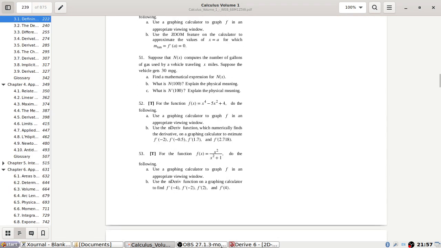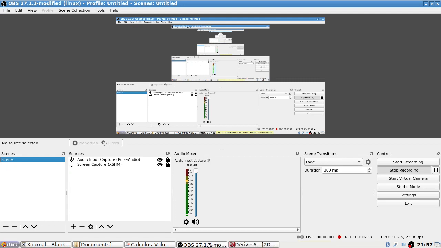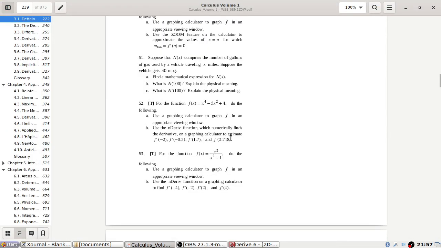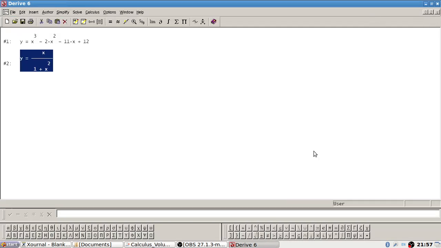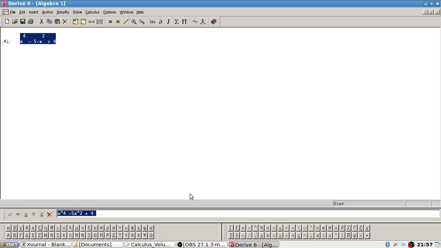How are we doing for time? Yep, okay, we should get these finished. For that function, do the following: graph it, and then use the derivative function to find the derivative at the following points. Okie dokie. So it's x to the power 4 minus 5x squared plus 4.